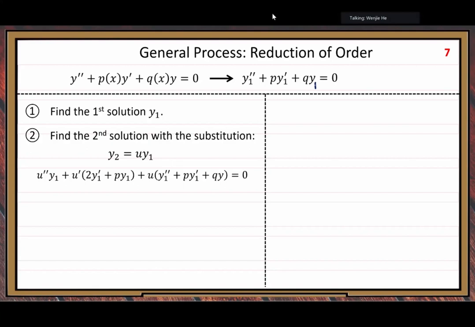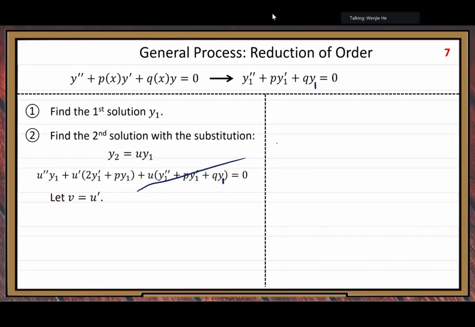After you get this form, the last parenthesis term is gone.